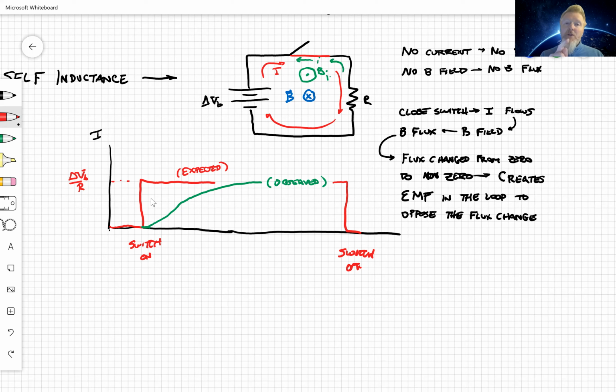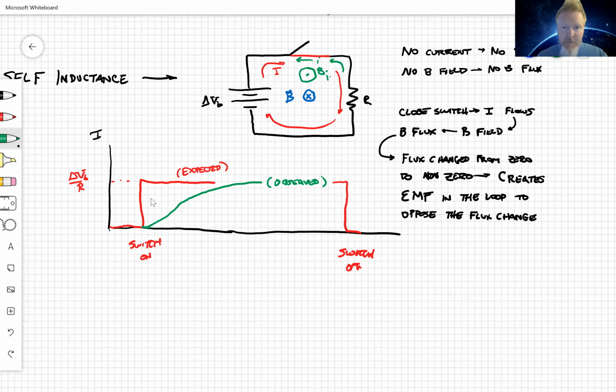So the induced current is going to act to oppose the change of taking it away, which means it tries to push it back up to its original value. Ultimately it does not succeed, but it's always going to try. So what you find is when you turn the switch off, the current runs a little bit longer after you turn the switch off.